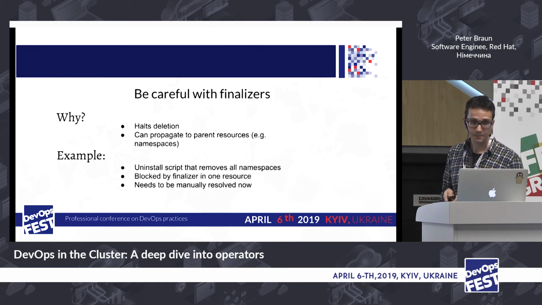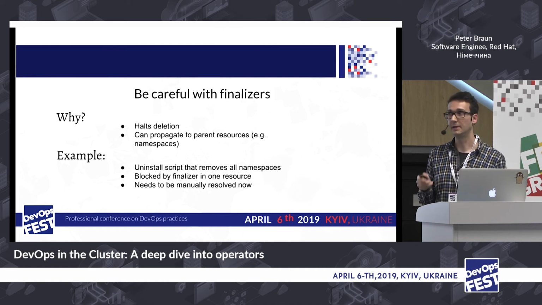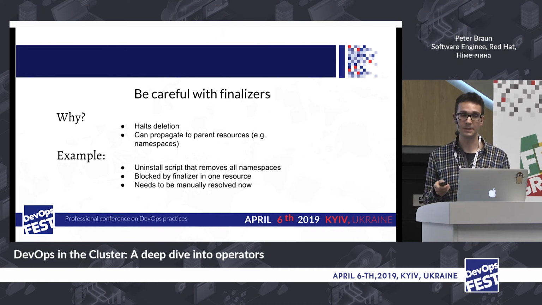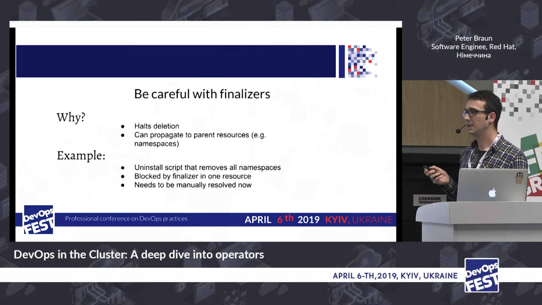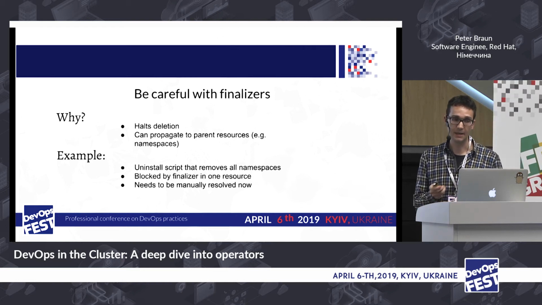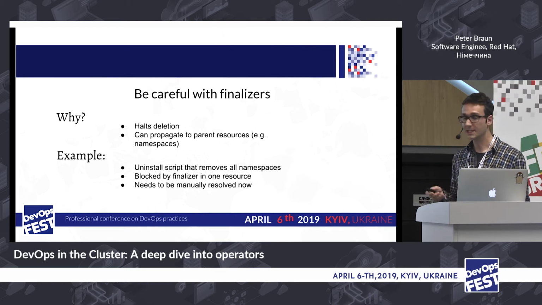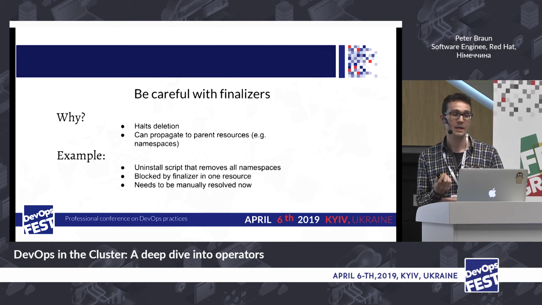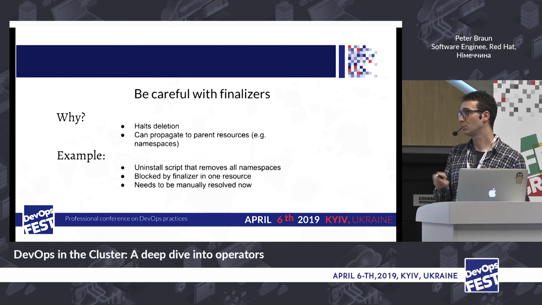For example, our team uses a fairly large Ansible playbook to install and uninstall a number of middleware services on a cluster. On uninstall, it deletes all the resources and namespaces. And now imagine some resource in there has an unresolved finalizer. This will stop the whole playbook, and now you have to manually figure out which resource that was and manually resolve that finalizer.